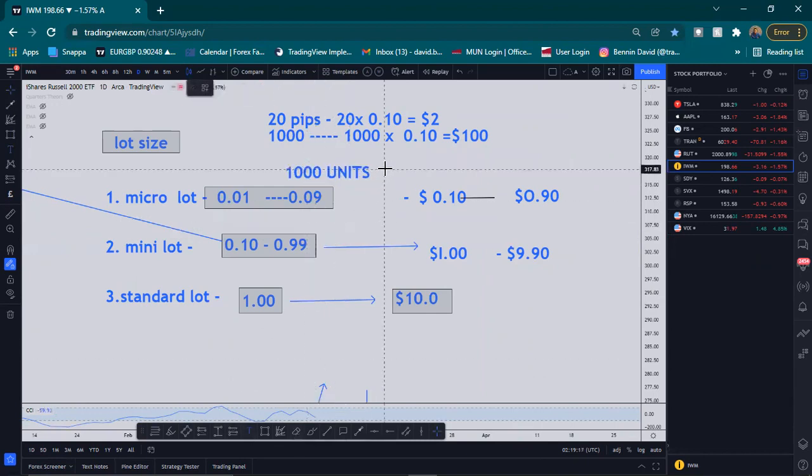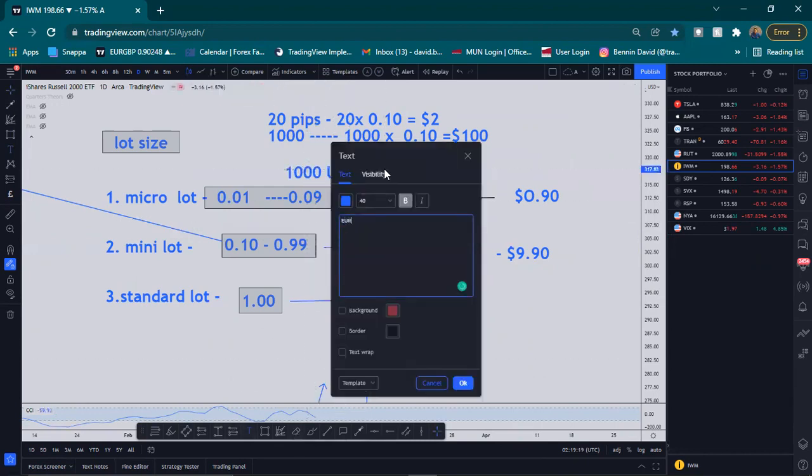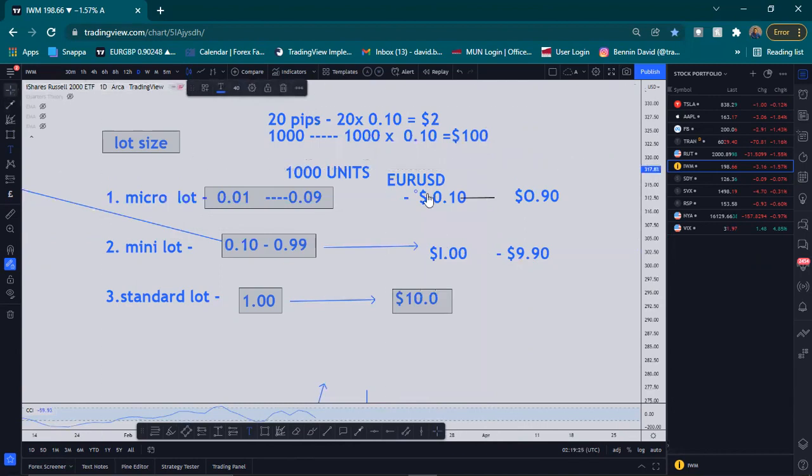We've already looked at currency pairs, so you should understand it. If you are trading EUR/USD and you use 0.01, it means that you are buying 1,000 units of EUR/USD.